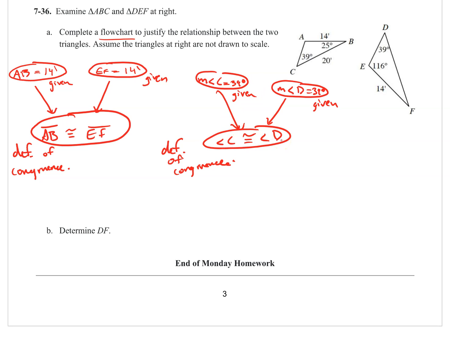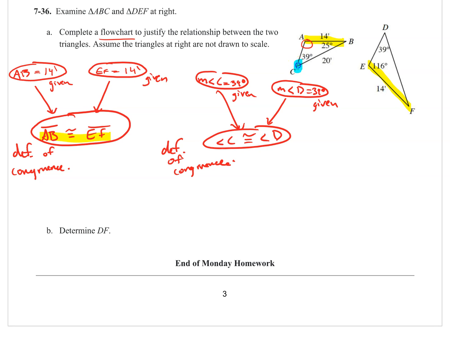All right, the last one's a little trickier because you notice that this has a missing degree measure. So we need to find that. So let's mark down what we have so far. We've said that these two sides are congruent.